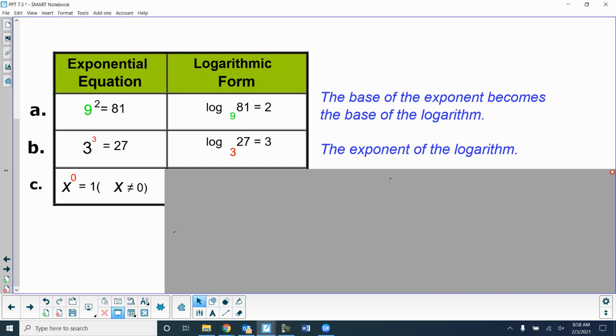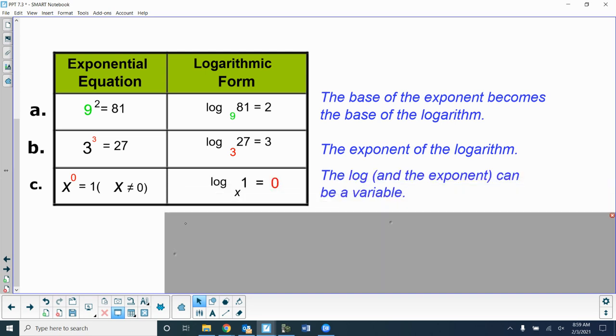Log base x of 1 equals 0. Yes. Do I add that other stuff? No, don't worry about that. They're just telling you the base can't be 0, right? It's gotta be a positive number, right? All right, we good so far? Okay, Scott, you ready?